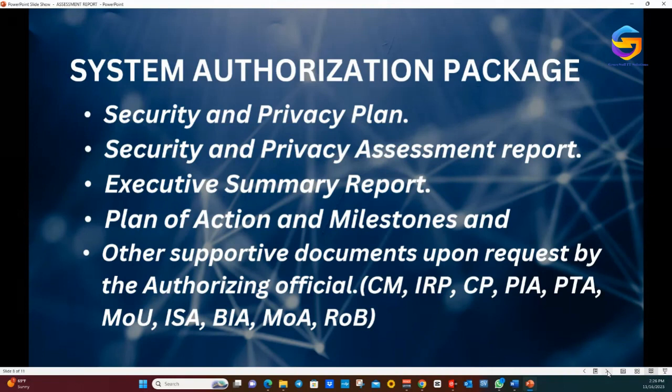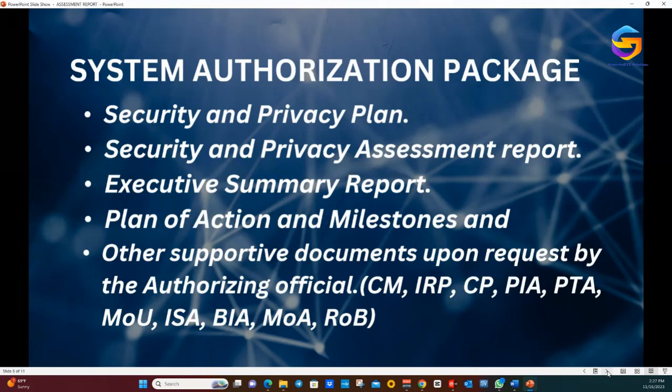As I said, we'll look at it more extensively when we get to the authorizing step, but let's look at it. Now, the items that are needed are the security and privacy plan, the security and privacy assessment report, executive summary report, plan of action and milestone, and other supportive documents upon request by the authorizing official. This is very, very important so far as your exam is concerned, or when you're going for an interview to secure a job.